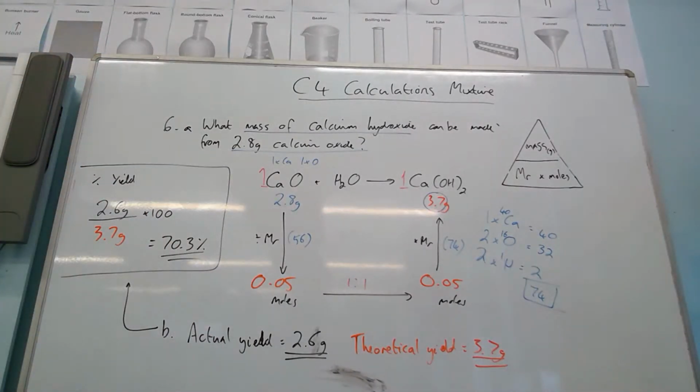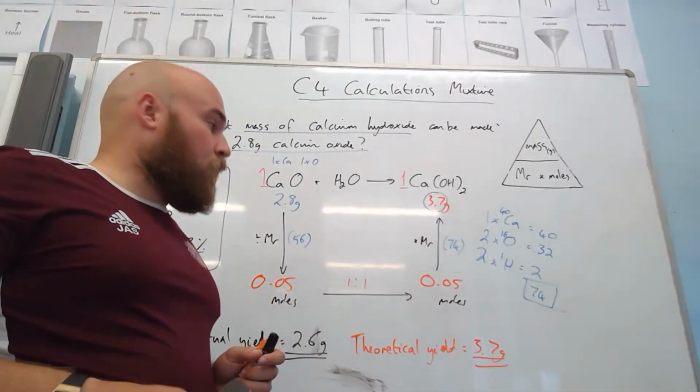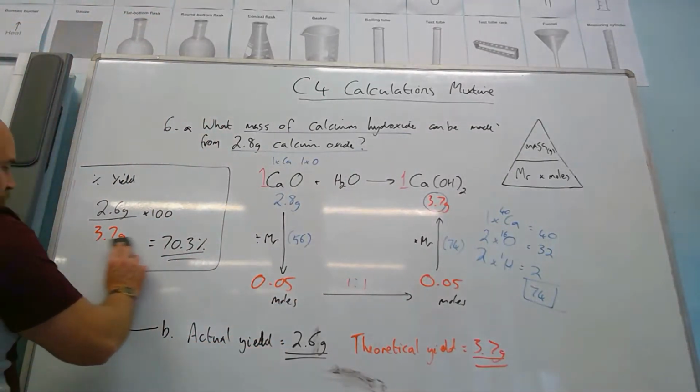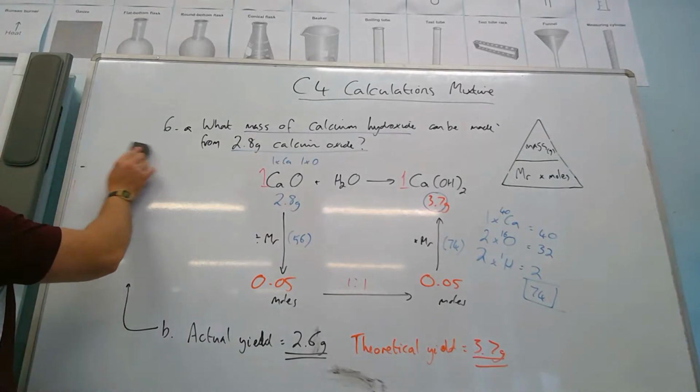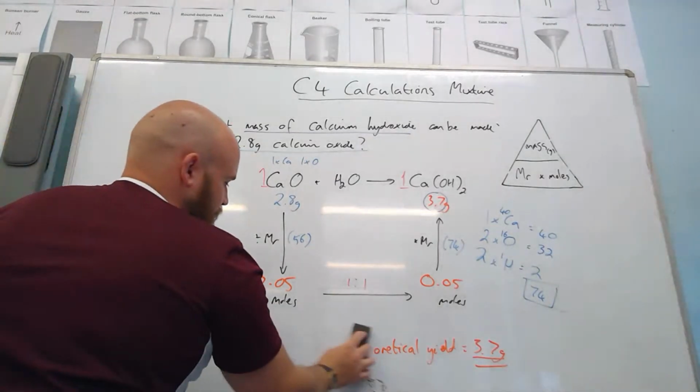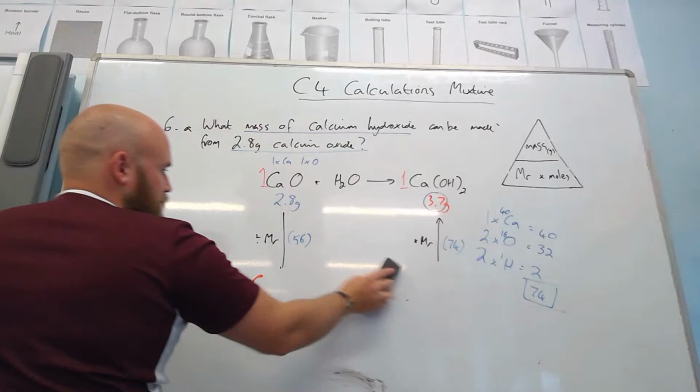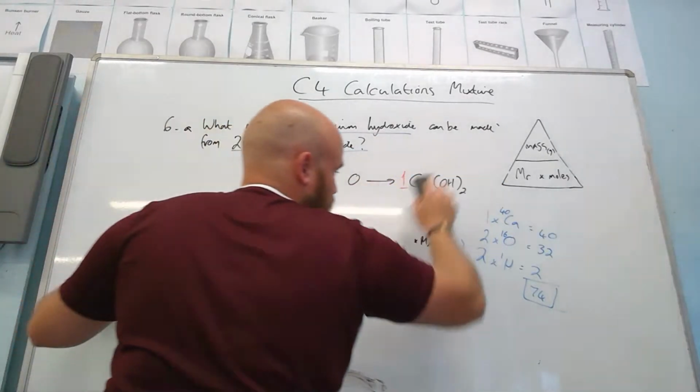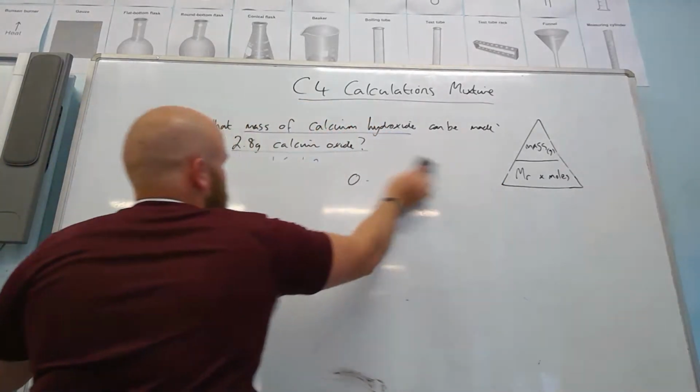Okay, we're going to look at question 7 now. So it's about limiting reagents, all right? I'll make this the last question today because I know that I've taken up quite a bit of time already. So we'll look at question 7, which is about limiting reagents. And again, I'm going to be using that formula triangle again.